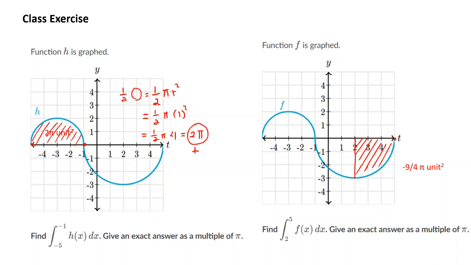It's a quarter of a circle. So the area is equal to negative, because it's under the y equal to 0 axis, 1/4 of pi times the radius squared. The radius is from 2 to 5, that is 3, squared, so it's equal to 1/4 pi 9, equal to minus 9/4 pi unit square.